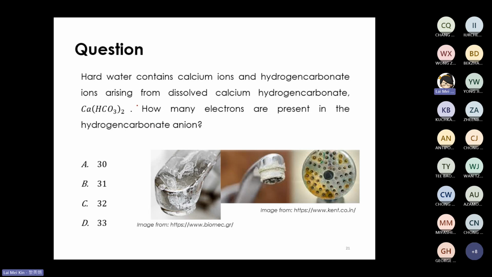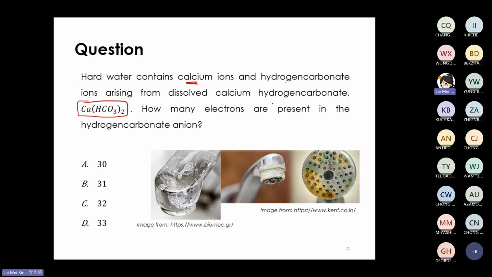Okay, hard water. Hard water means, if you look at anything that has water, especially the tap, your shower, you'll see a lot of this stain. So all this stain, we call it hard water. So definitely has calcium. That is why you see it's like whitish color. If you're familiar with lime water, the cloudy white. Okay, it has calcium ion and hydrogen carbonate ion from this.